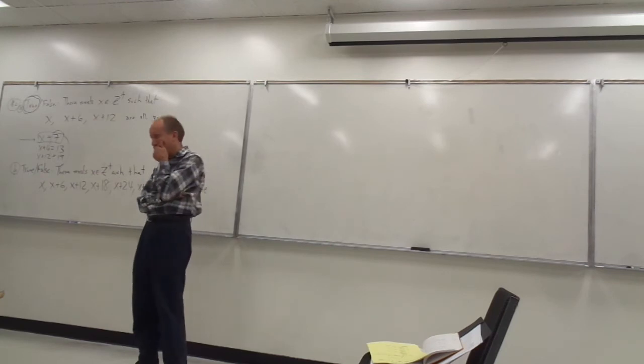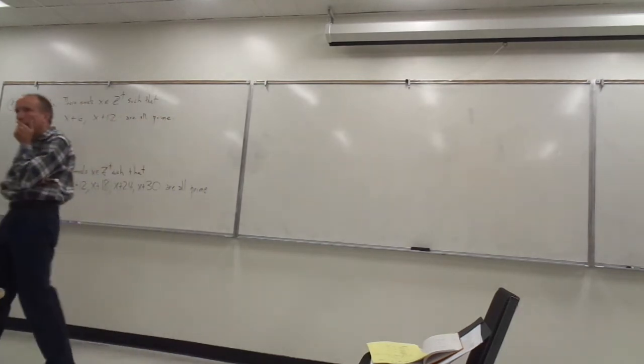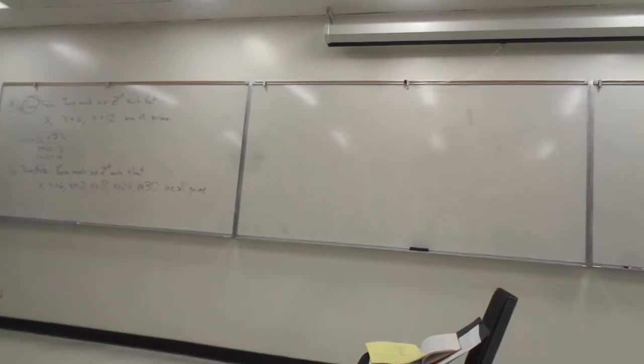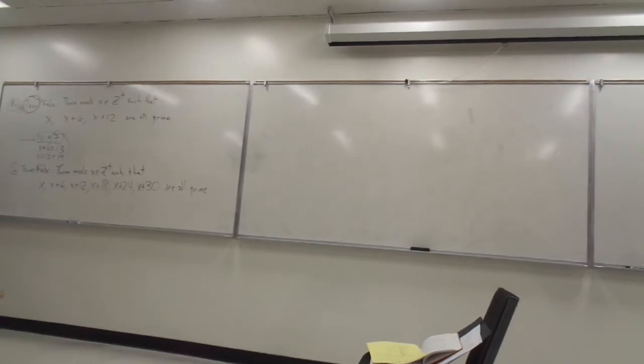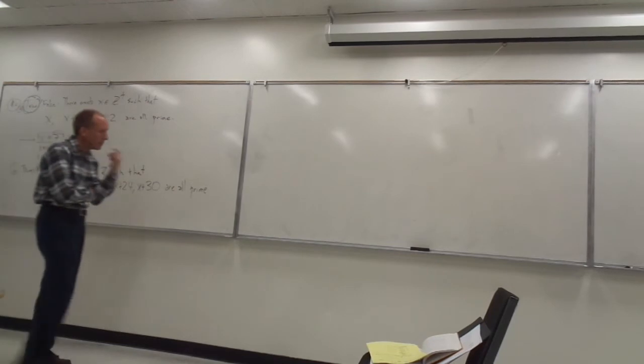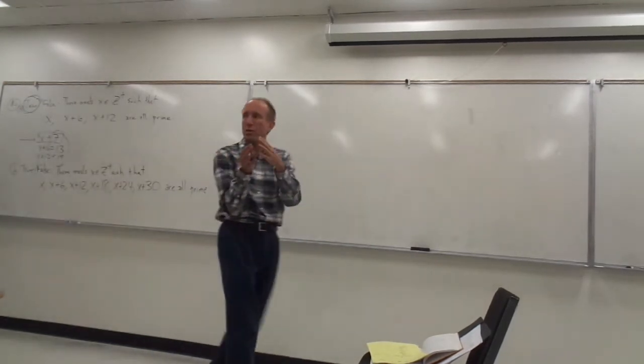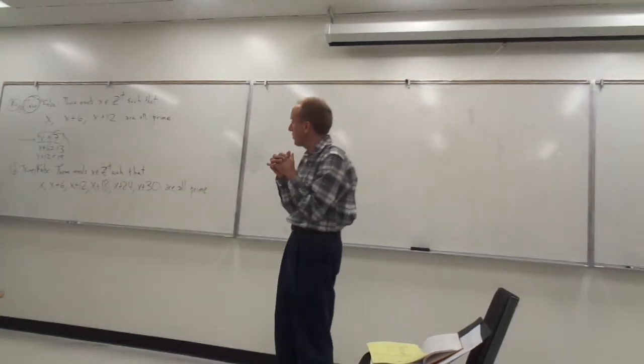That's a good point. Are there an infinite number of primes in the form 6n plus something? You could definitely argue that there are. But this isn't really looking at that whole infinite list, it's just looking at the first few numbers of this form.